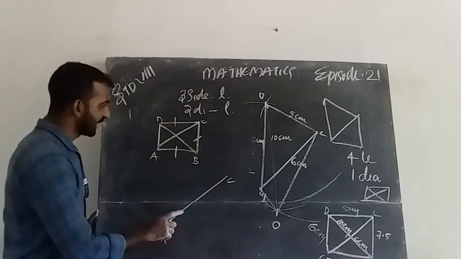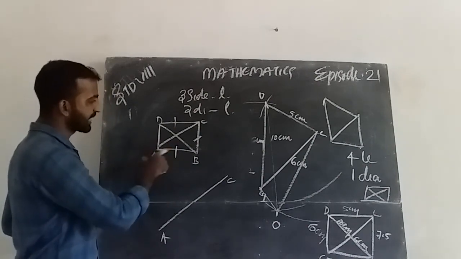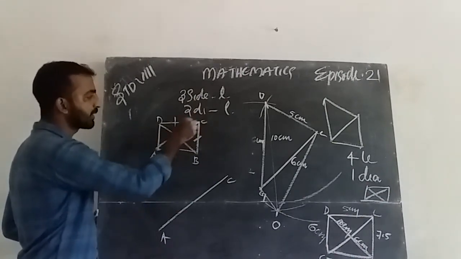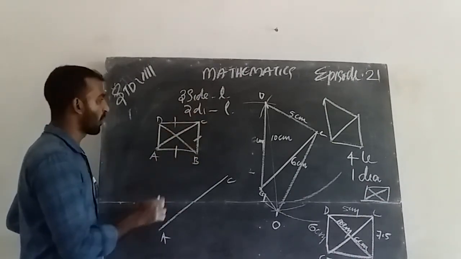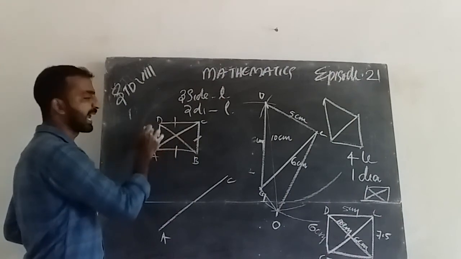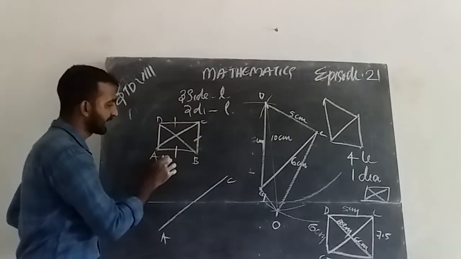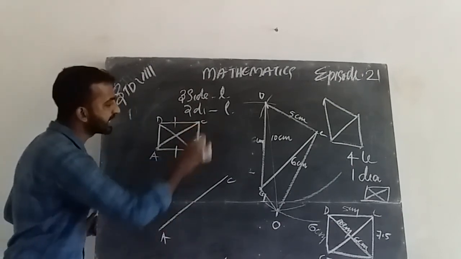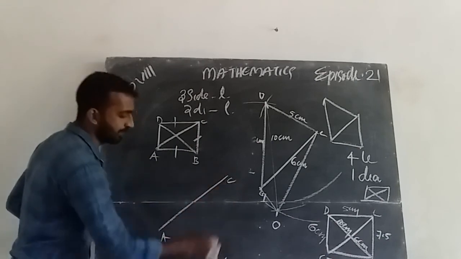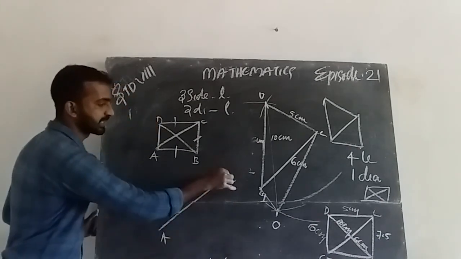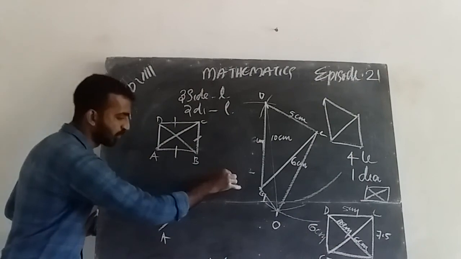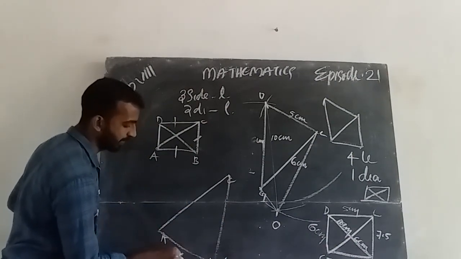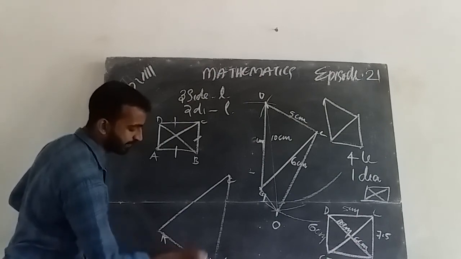With respect to AC, AB and BC are known, and AD is unknown. So we take the AB length and mark an arc. And also the BC length, and it also marks an arc, considering C as center. Then we join the points. Then we get P. And we denote the length or centimeter measurement.